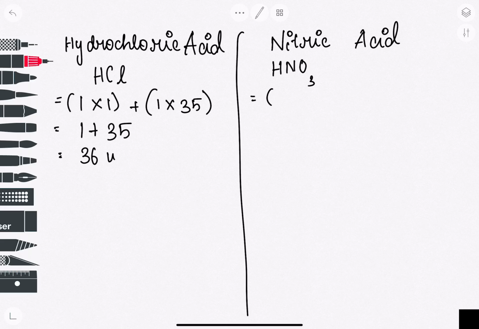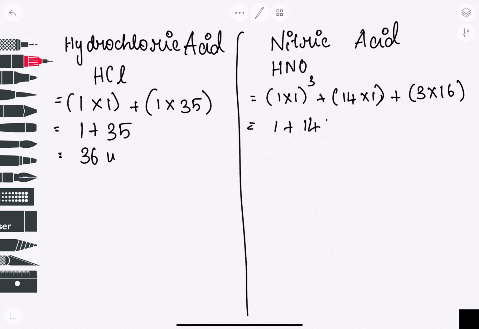We'll substitute 1 into 1 plus 14 into 1. We can write it either way because when we multiply it will be the same. Plus 3 into 16. So 1 plus 14 plus 48. The answer is 63U.